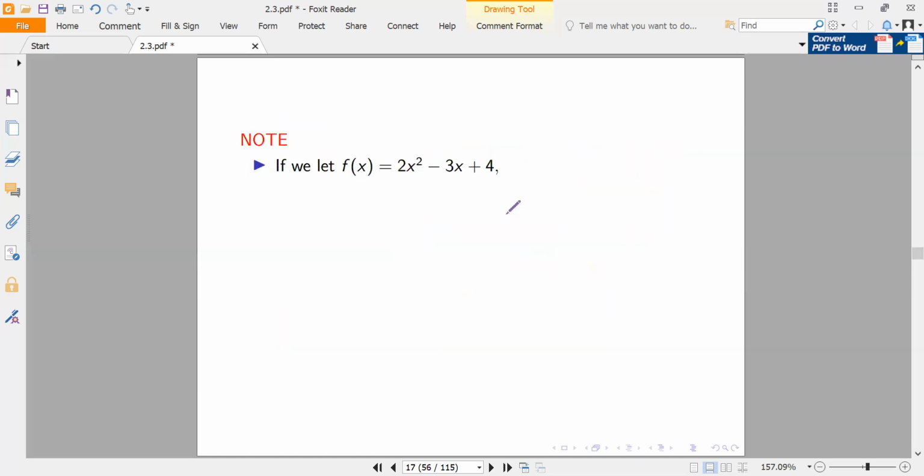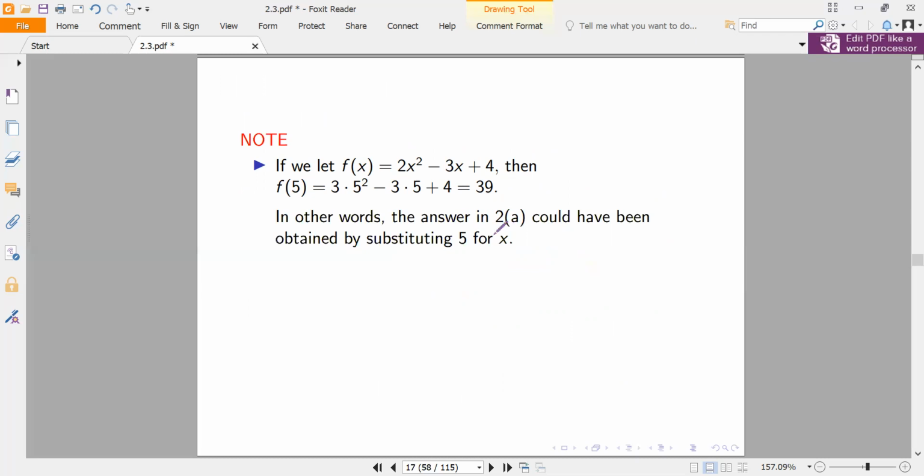But if you notice, with the very same function, if you substitute 5, we get the same number that we got when evaluating the limit. So we could have got the answer by doing a direct substitution, just substituting 5 where we see x.